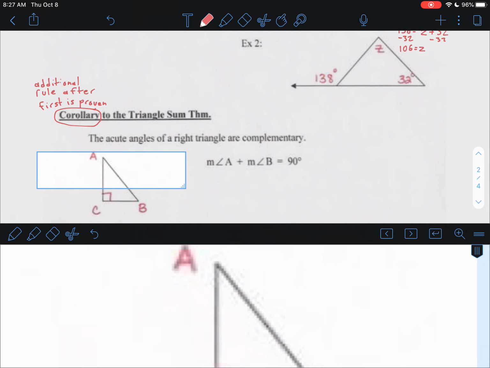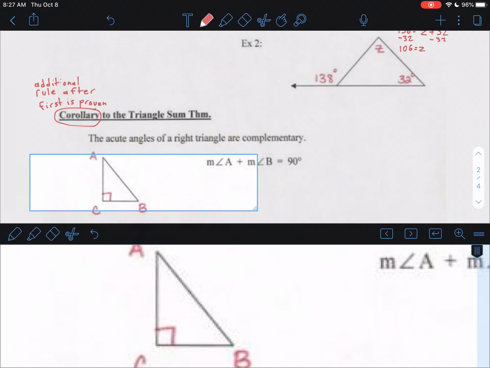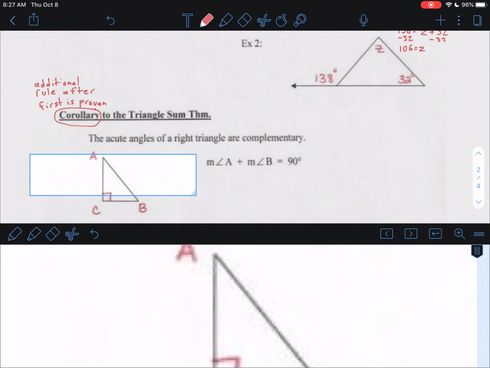And this is the last part of the notes we're doing today. The corollary to the triangle sum theorem is that the acute angles of a right triangle are complementary. Remember, complementary means they add to 90 degrees. In this right triangle ABC, C is my right angle, and that's saying that A and B, my two acute angles, have to add to 90 degrees.